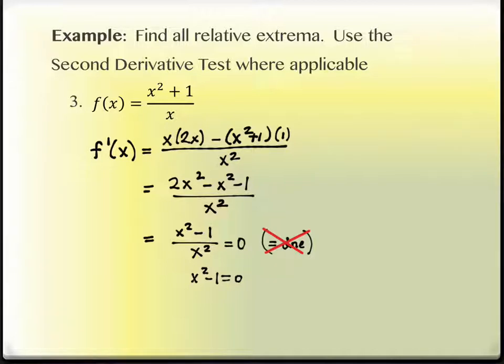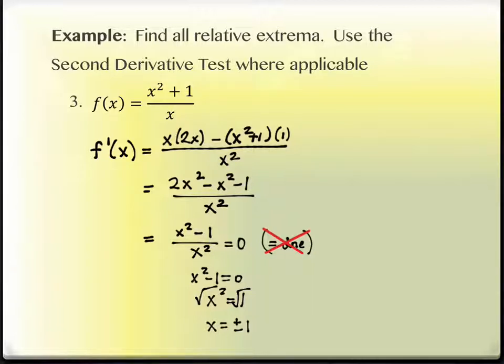1 and negative 1. So there's two ways to do it. One, you could move it to the other side and take a square root. And if you do, remember that when you take a square root, you do plus or minus, okay? That's one way to determine that x is equal to 1 or negative 1.